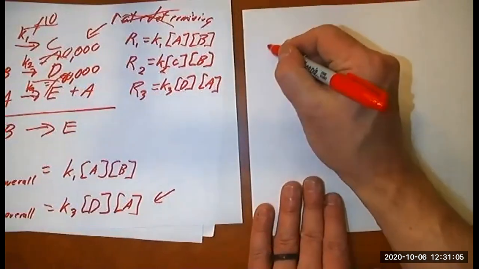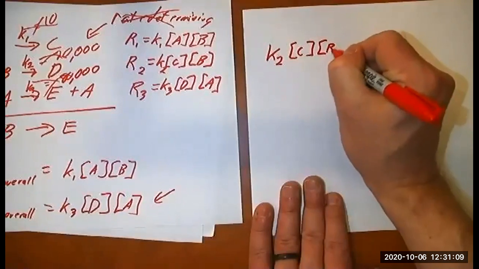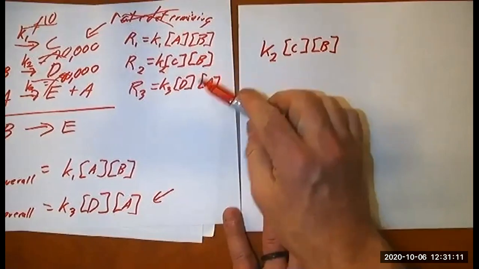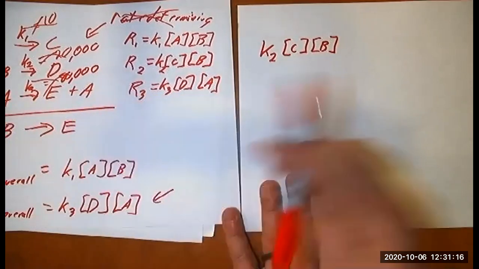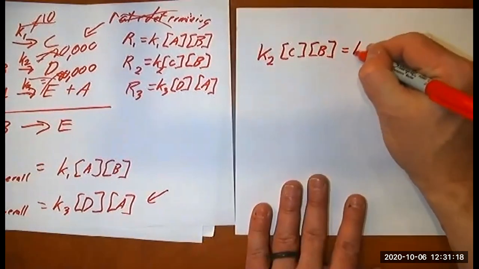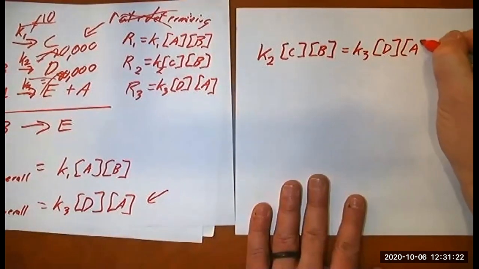So our rate of production is K2, concentration C, concentration B. Its rate of destruction is step 3, because the D is going away. So that is going to be K3, concentration of D, concentration of A.